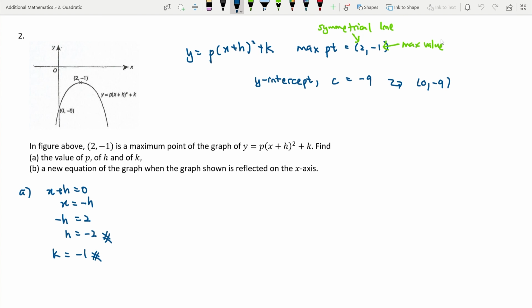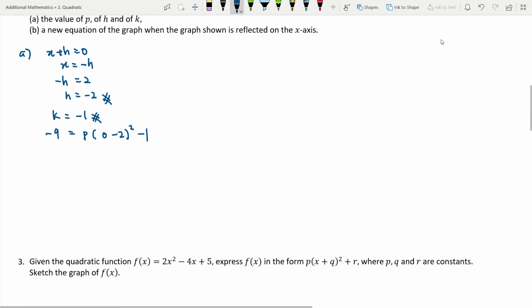To find the value of p, we need to substitute the values of h, k, and the coordinate (0, negative 9) into the equation. Negative 9 is equal to p(0 minus 2) square minus 1. We simplify the equation, we get p(negative 2) square minus 1, which is equal to 4p minus 1.